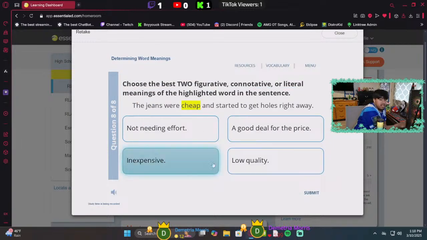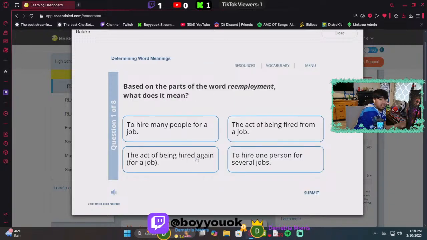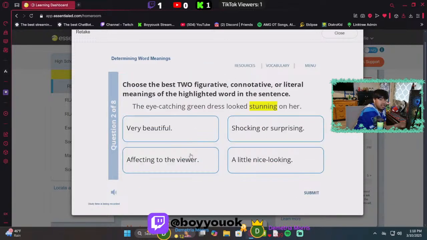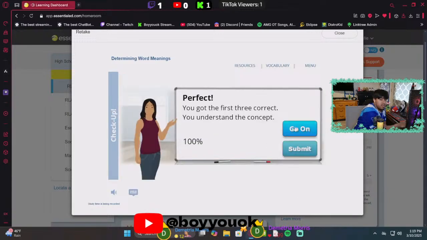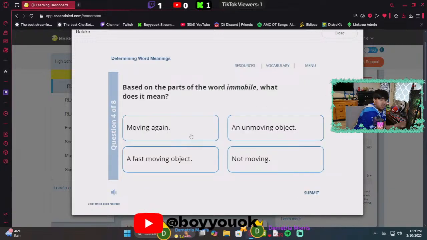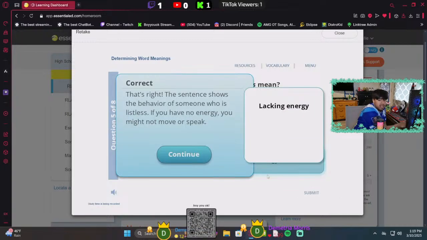Cheap, inexpensive, low quality. Be hired again. Attracted to viewer, very beautiful. Hint or clue. Excellent. Go on. Not moving. Lacking energy.